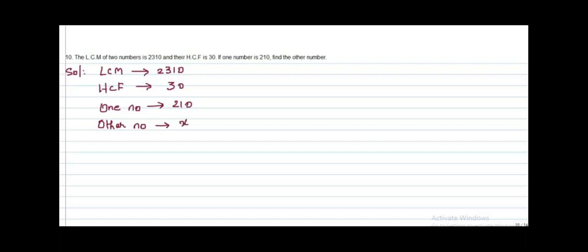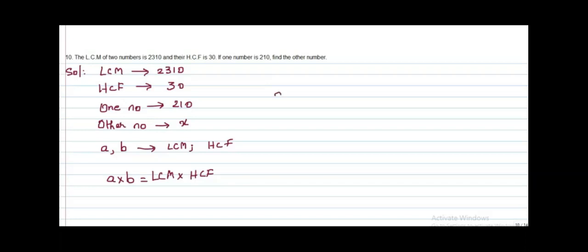Okay. If we have two numbers A and B where their LCM and HCF are found, then we have A into B is equal to LCM into HCF. The product of two numbers is equal to the product of their LCM and HCF respectively.